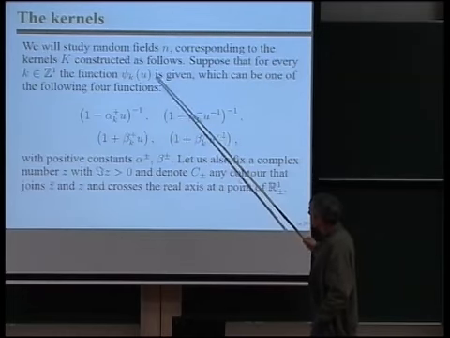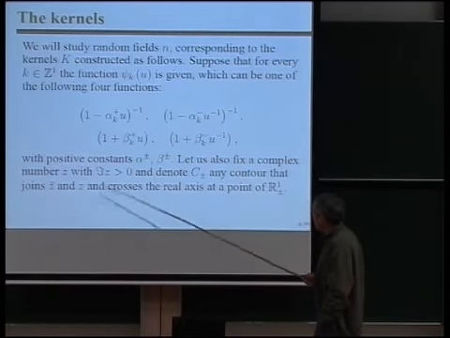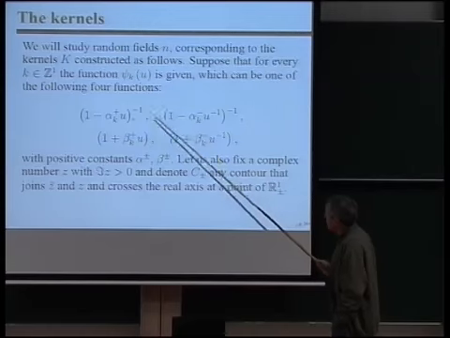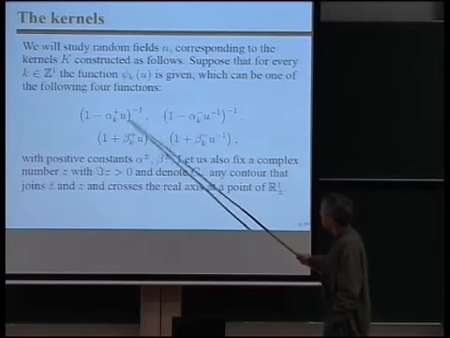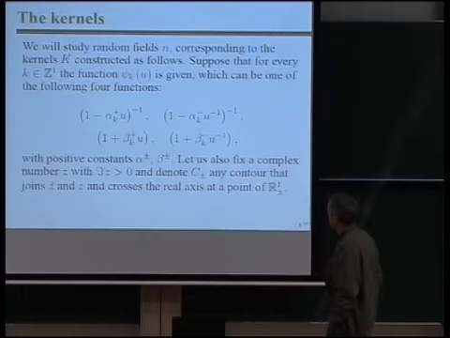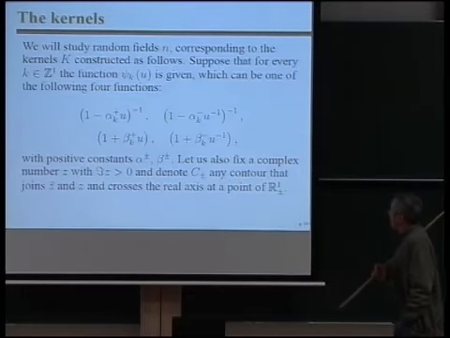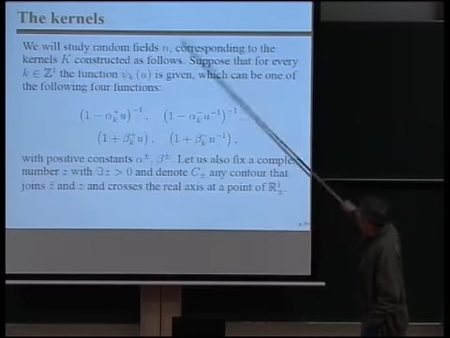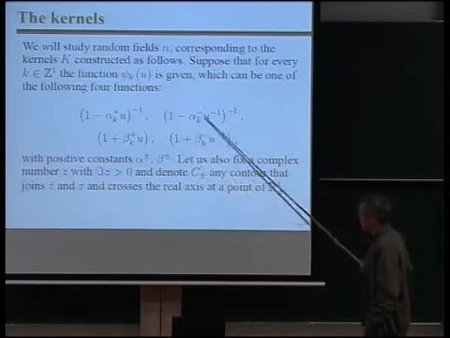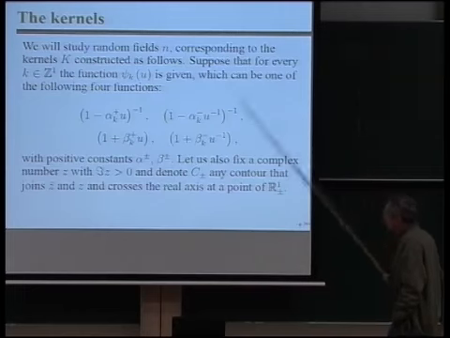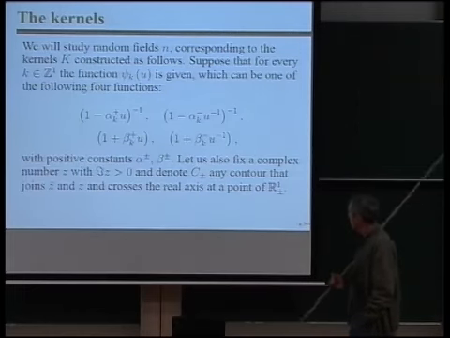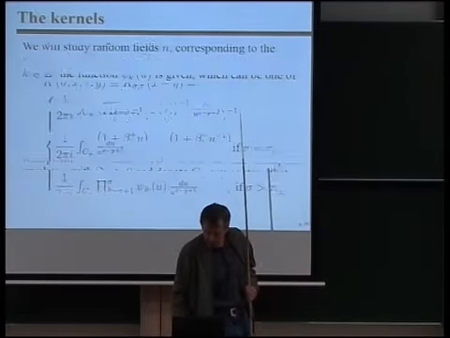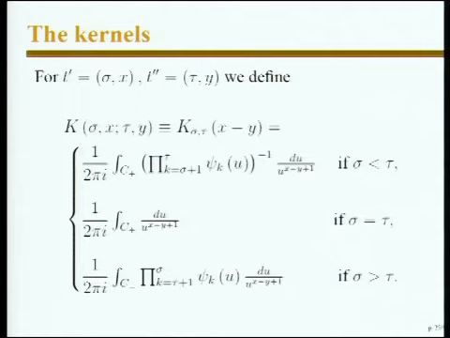For every column, we pick one of the following four functions. U is a complex argument, and those are just real numbers, constants. So for every column on the lattice, we fix one of those four functions, and we pick a corresponding constant.